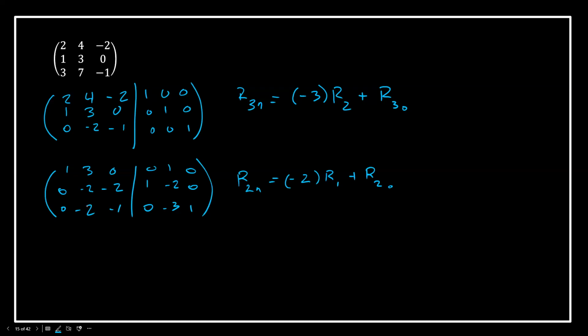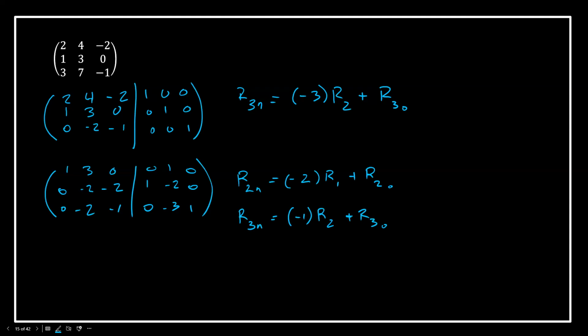So all we have to do now is get a new R3. We're going to multiply this by -1 and add it onto row 3 old. So let's do -1 times R2 plus R3 old.